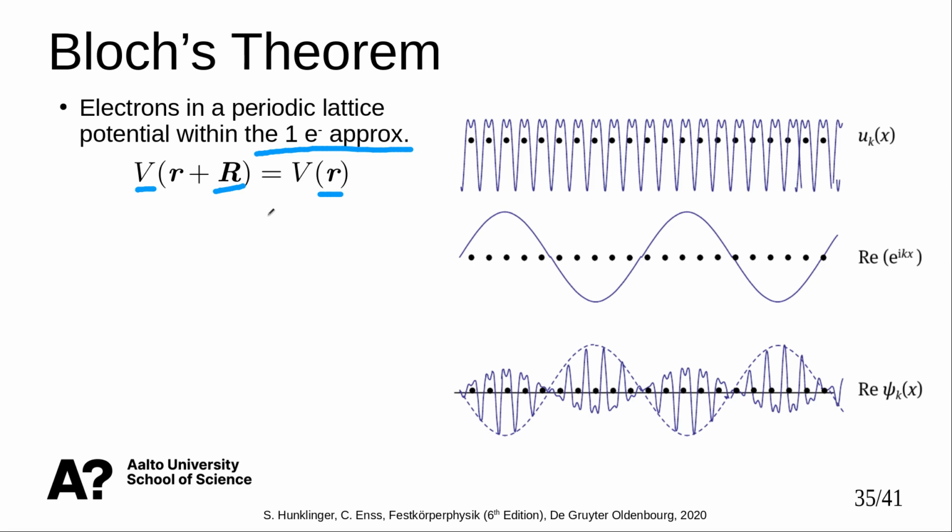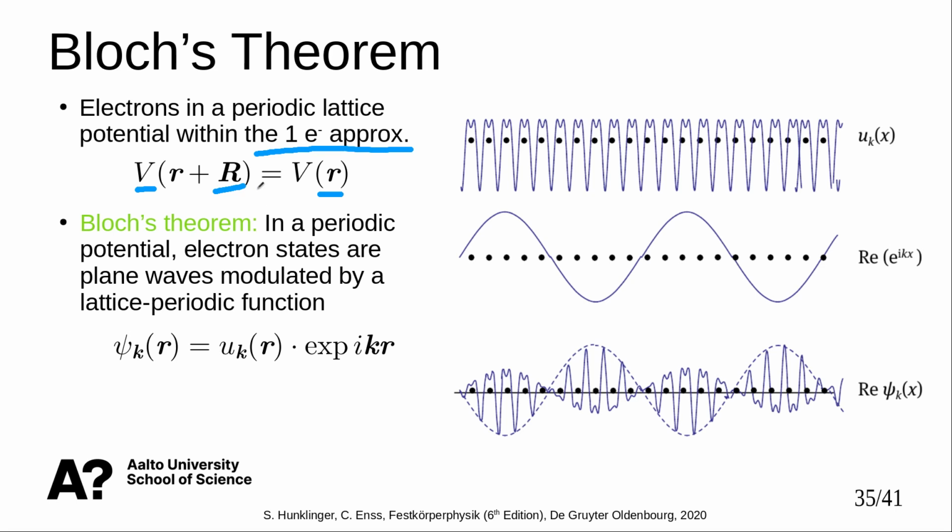So the Bloch theorem then states that in the periodic potential, electronic states are plane waves modulated by a lattice periodic function. The plane waves we already discussed as a basis function, for example, to solve the Kohn-Sham equation. It's a similar concept. And then we have this lattice periodic function as shown here in the top right hand corner.